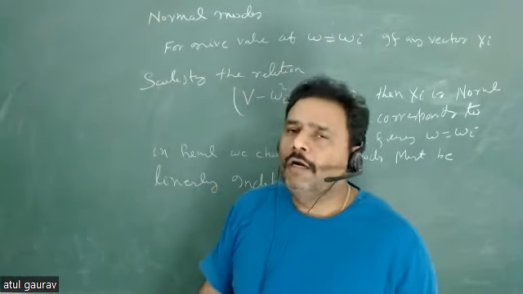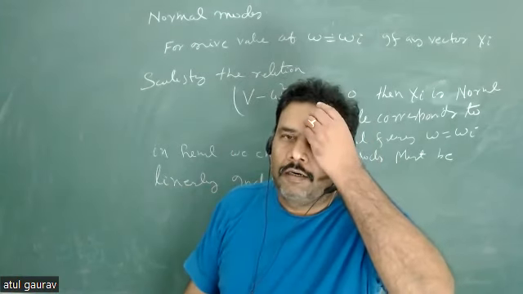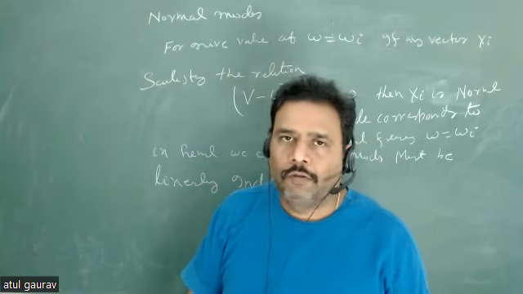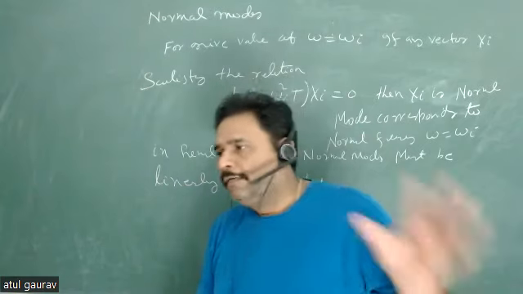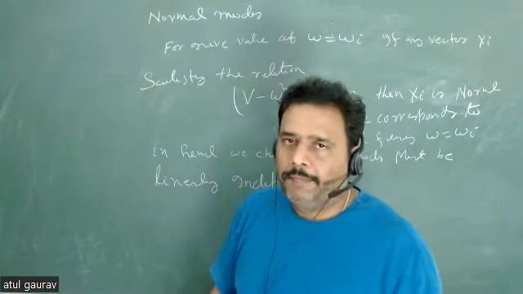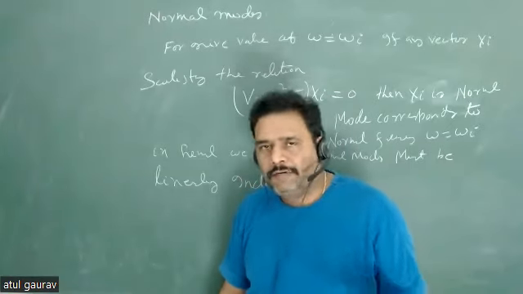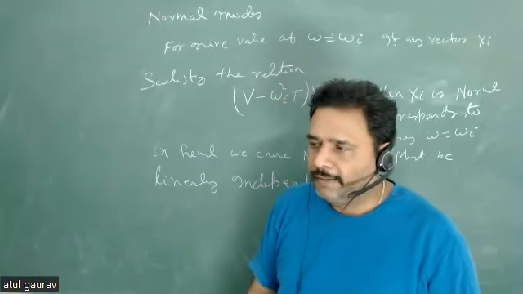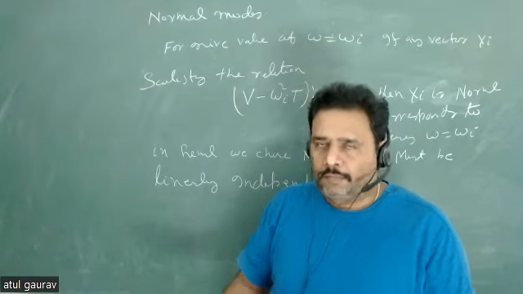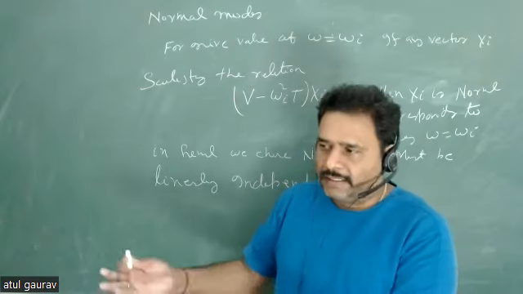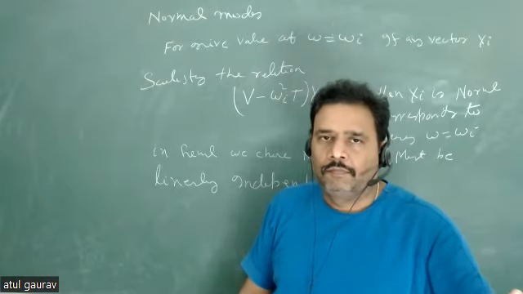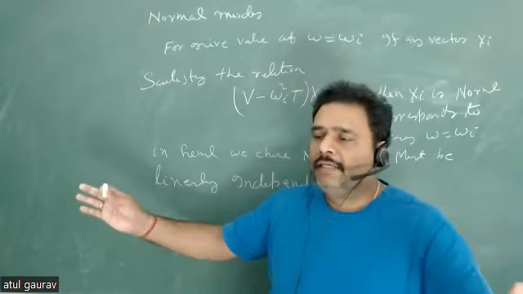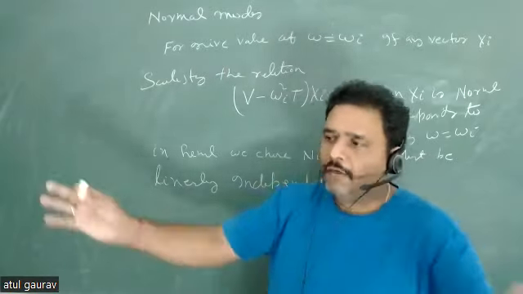But what we will do is find the orthogonal normal modes. What will be the beauty of orthogonal normal modes? If it is orthogonal, it will always be linearly independent. All orthogonal vectors are linearly independent, isn't it? Yes, sir. Because it creates a basis, so any motion of that particular system can be represented by a linear combination of all normal modes.